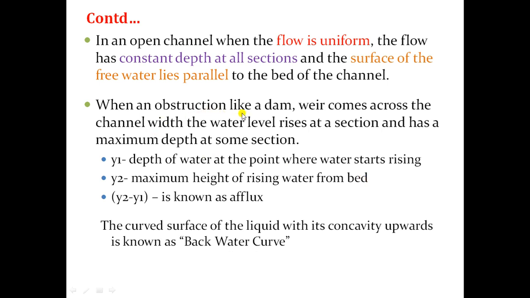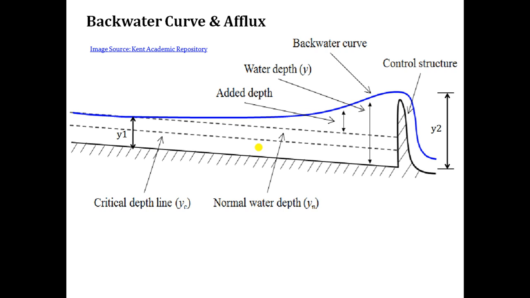So if we have an obstruction such as a dam or a weir across a channel, the water rises at a section and has a maximum depth at some section. So if you refer this diagram, at y1 the depth of flow starts increasing, and at y2 it attains a maximum depth.